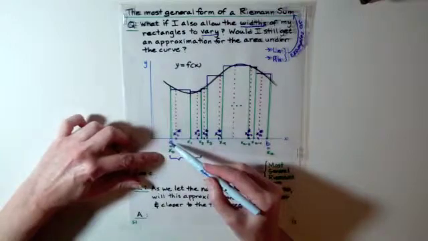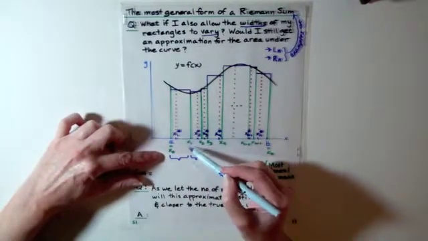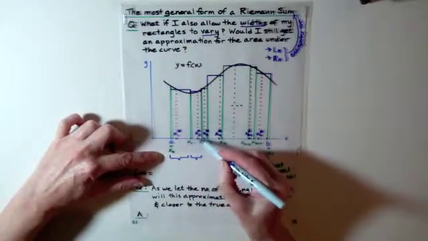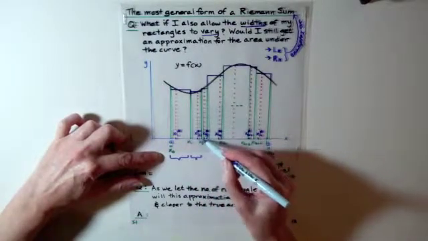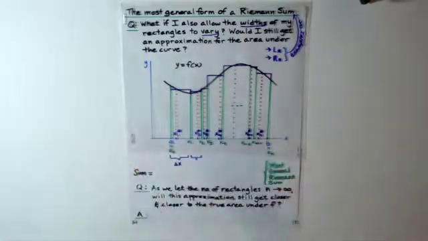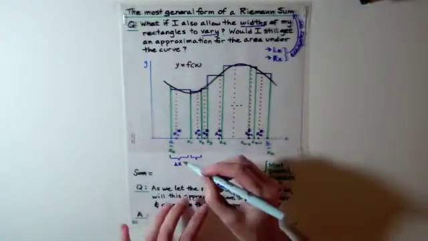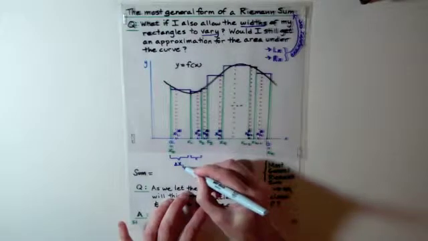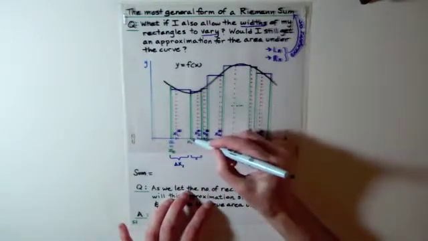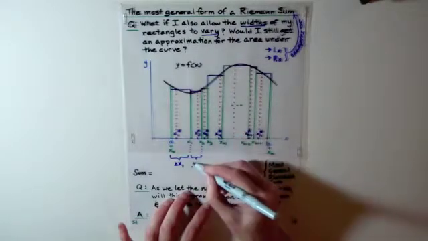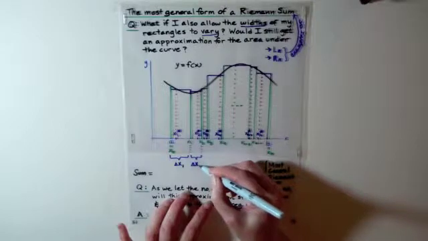So in this picture, you notice going from x0 to x1, I have a rectangle that has a certain width, but the next rectangle looks skinnier, and the next one looks skinnier still. So I can't call them all delta x anymore because the widths are not all the same. I'm going to call the width of the first rectangle delta x sub 1. And I'll call the width of the second rectangle, that would go from x1 to x2, delta x sub 2.